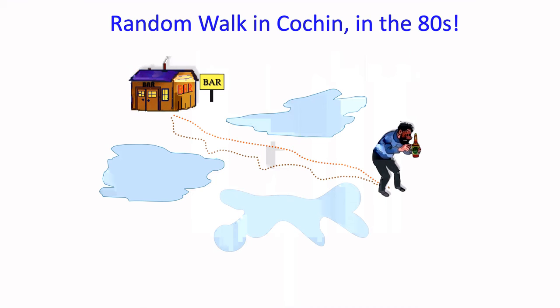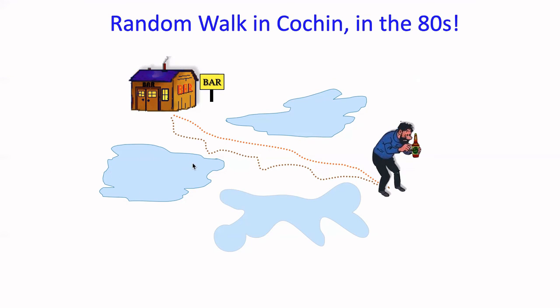Let me show this. If you went to Cochin city, Ernakulam town actually, in the 1980s, when I was living in Cochin, the corporation actually decided to dig up the roads. So the whole place was full of big holes.